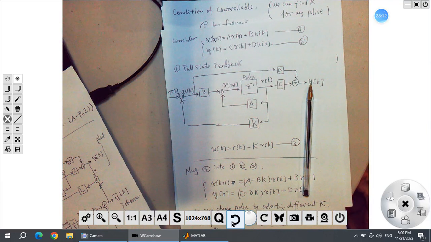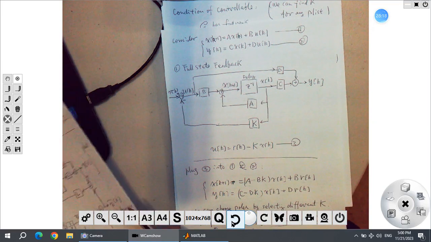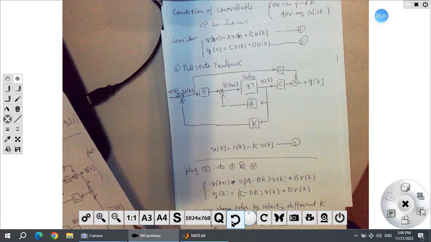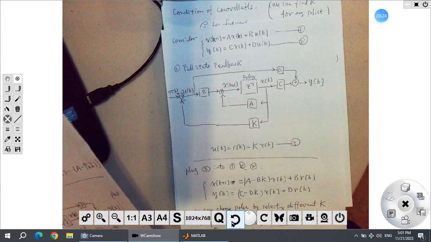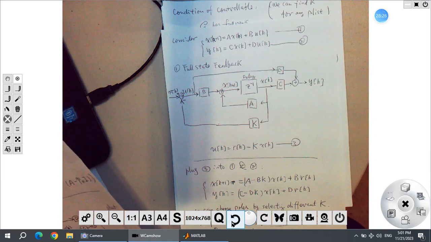For details, you can read that textbook, which I listed as a reference. You can also take other courses like 550, which will give you more details.